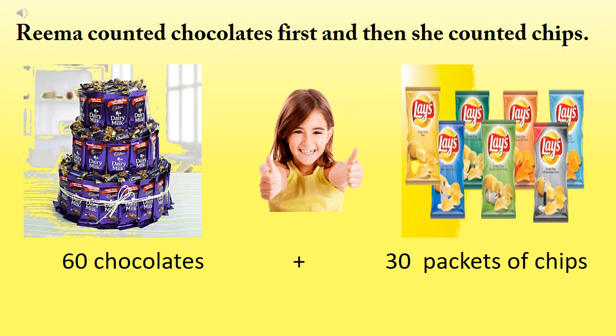Ronit's sister Rima counted chocolates first and then she counted chips packets. She counted 60 chocolates and 30 packets of chips. And she told that they have 60 plus 30, 90 packets of chips and chocolates altogether.